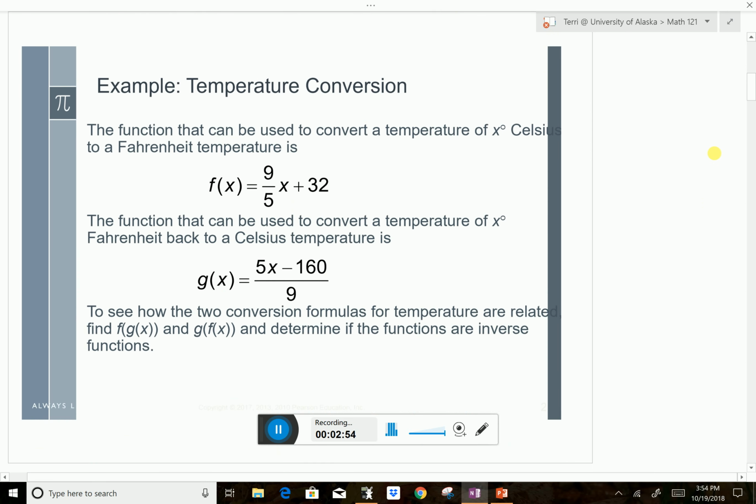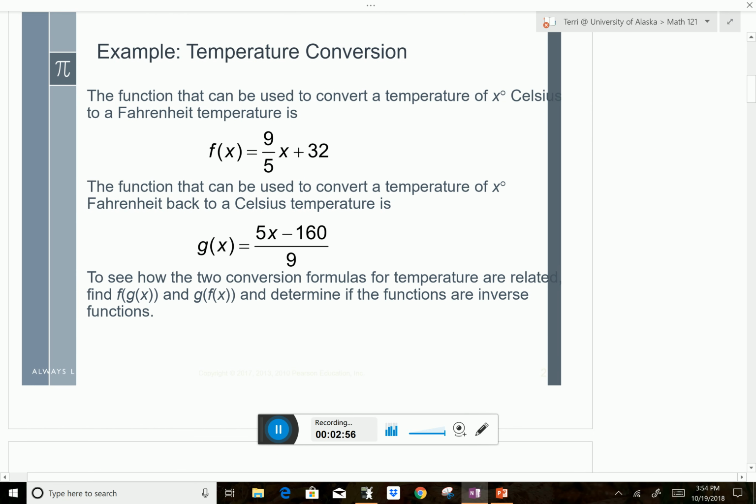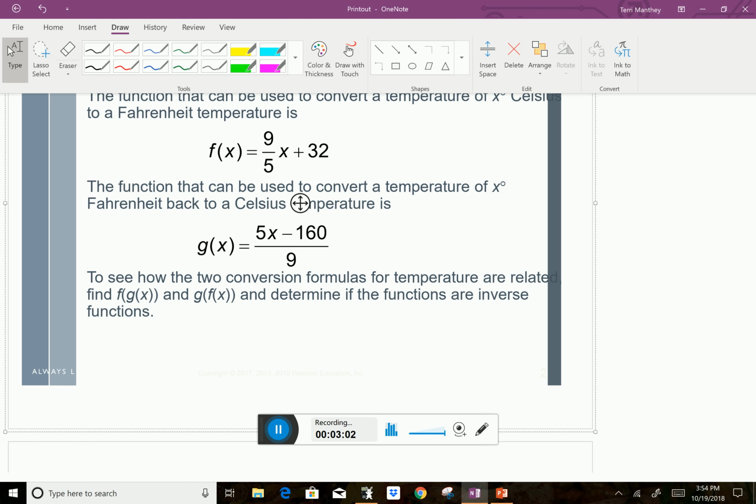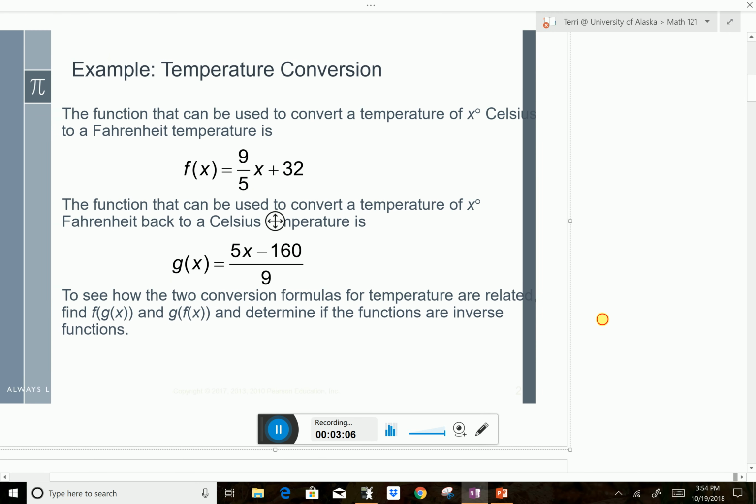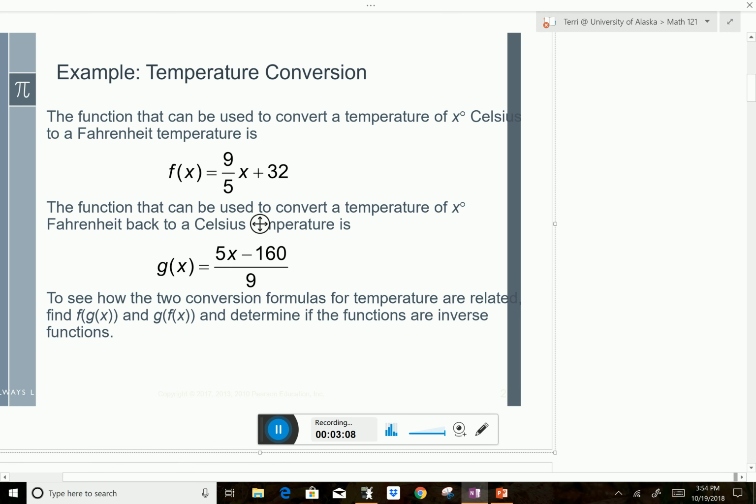So let's look at an example of temperature conversion. Now, I don't particularly care for this example, because we don't usually denote things this way. I mean, most of the time, instead of f and x, we'd use f equals 9/5 c plus 32, and we'd use c equals 5f minus 160 over 9.